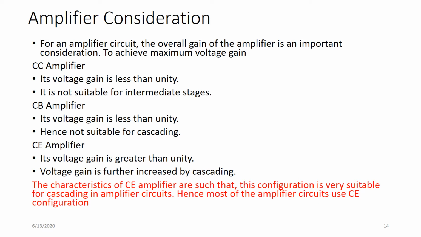So this is a positive point for an amplifier. The characteristics of the CE amplifier are such that this configuration is very suitable for cascading in amplifier circuits, and hence most circuits use the common emitter configuration.